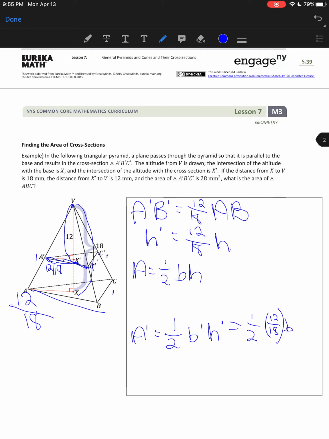And then again, the height is going to be the same thing. It's going to be 12/18 the height.